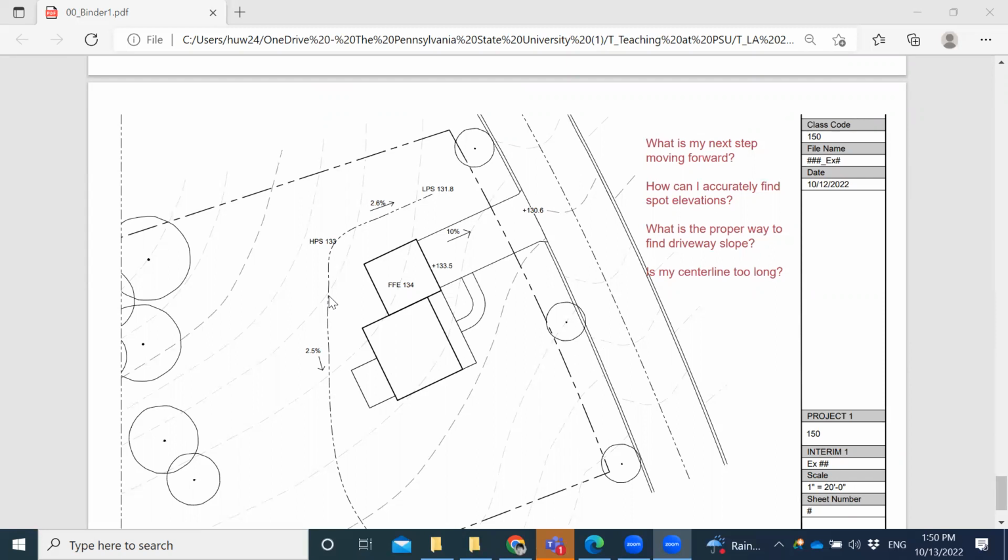So did I answer your question about the proper way to find driveway slope? Okay.